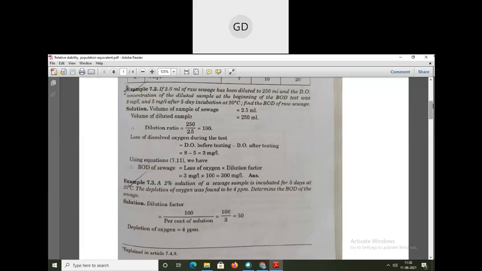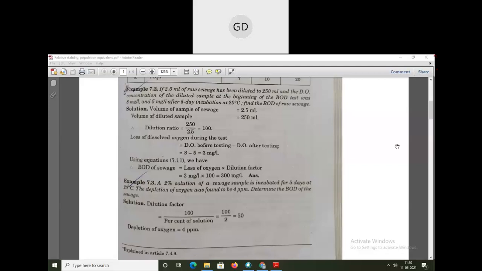In case of this kind of questions, when a percentage is given to you and the volume of diluted sample or volume of undiluted sample is not given, and only a percent is given, you have to just divide 100 by the percentage of solution.